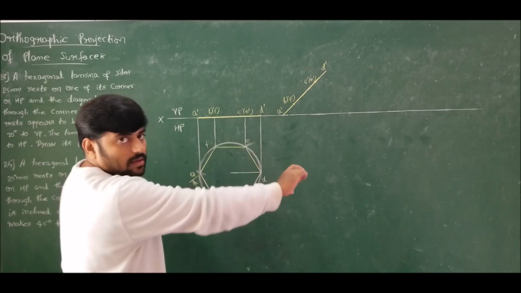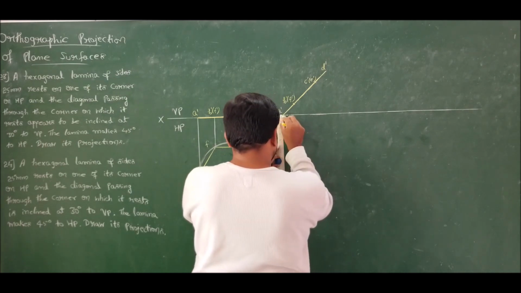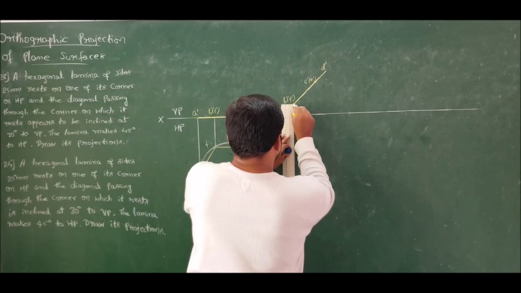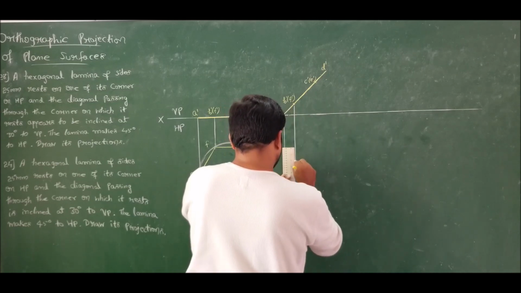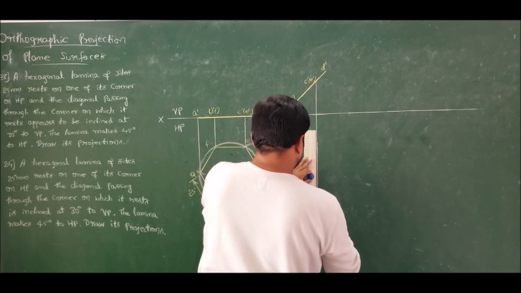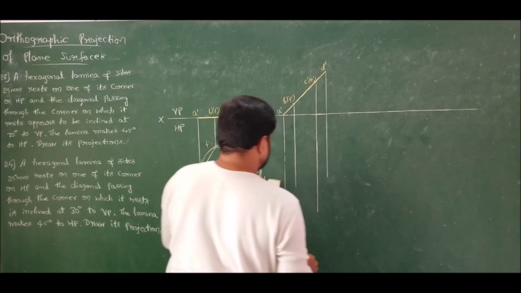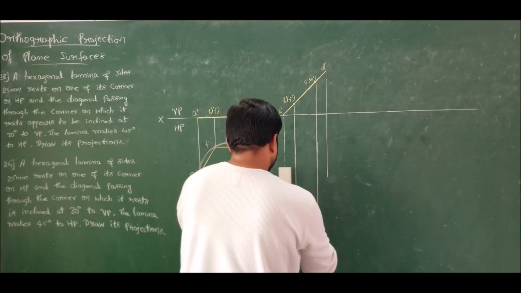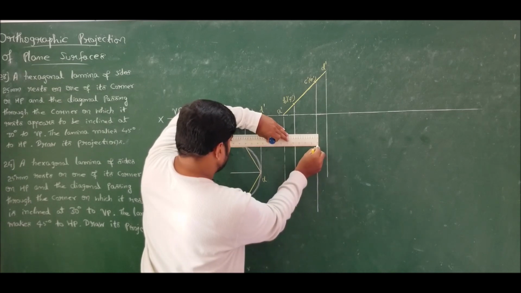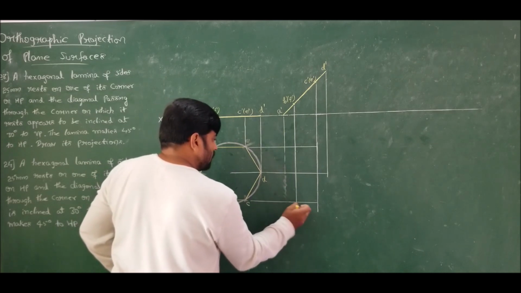Now take vertical and horizontal projections and complete the sketch to obtain the second position top view. So I take vertical and horizontal projections.